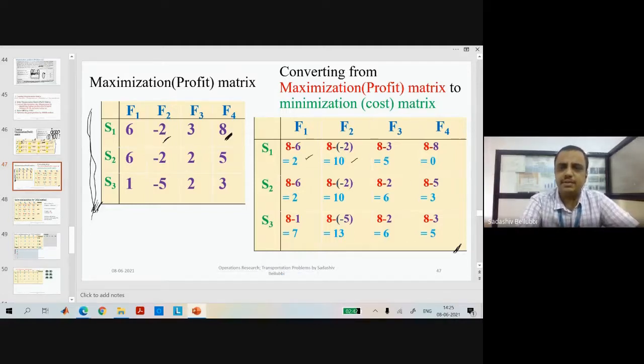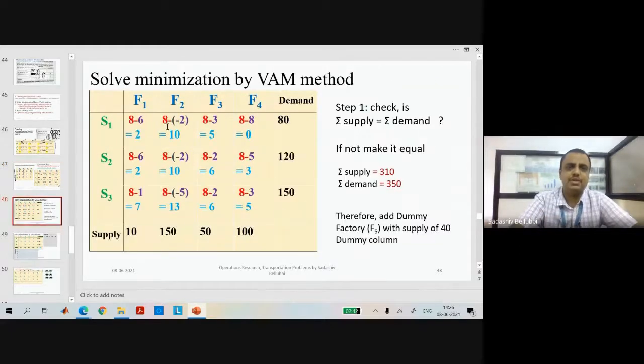Okay, the minimization matrix will be 2, 10, 5, 0, 2, 10, 6, 3, 7, 13, 6, 5. This is the final matrix, that is, the minimization matrix. Here again I have written the same thing, 8 minus of 6. We can write only the profit matrix and the minimization matrix also. We can delete these.